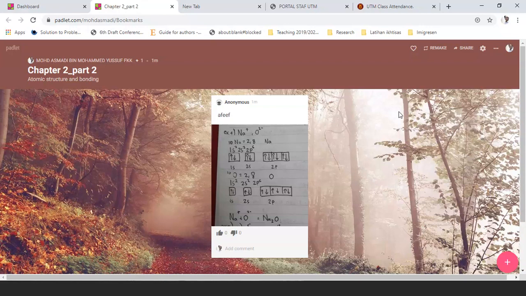Anyone else can share? Anyone else by using orbital diagram?